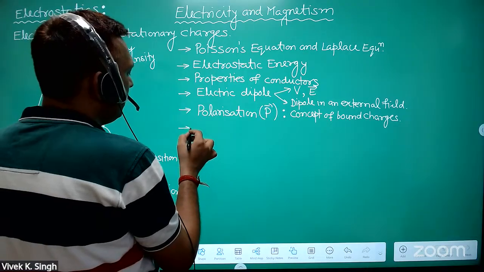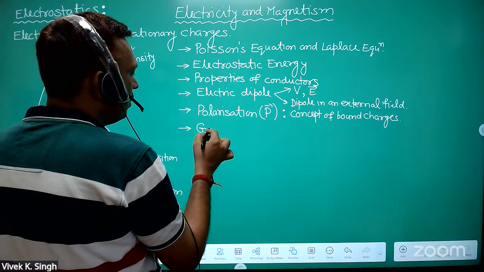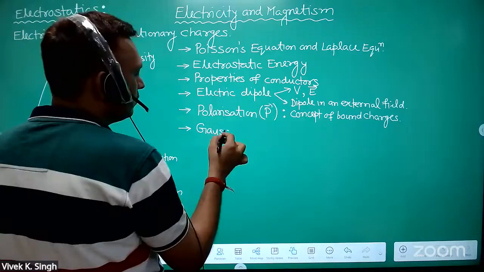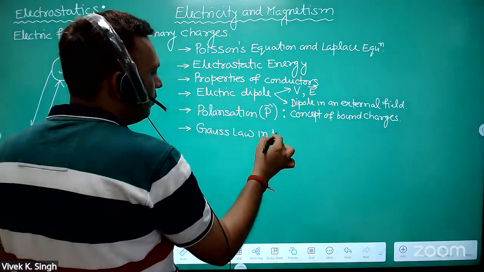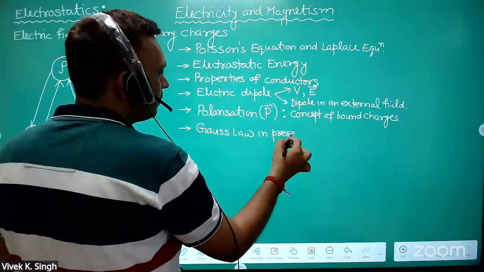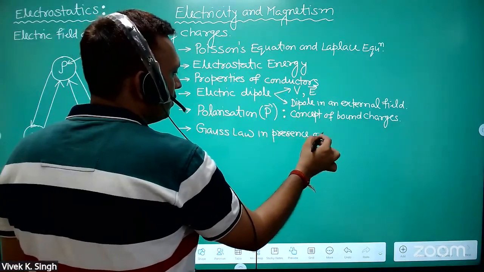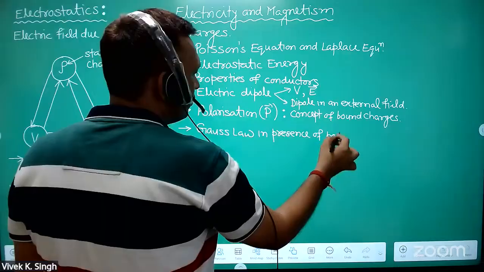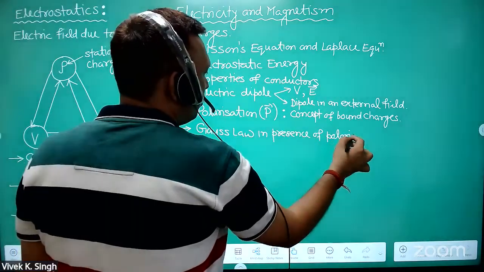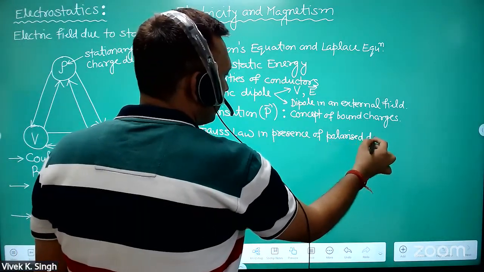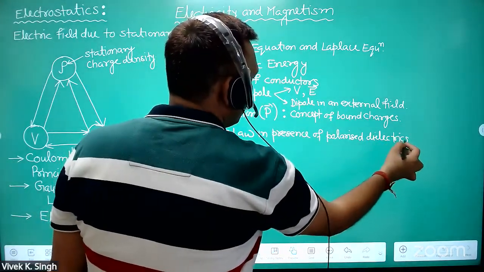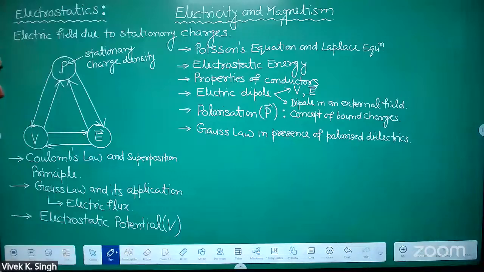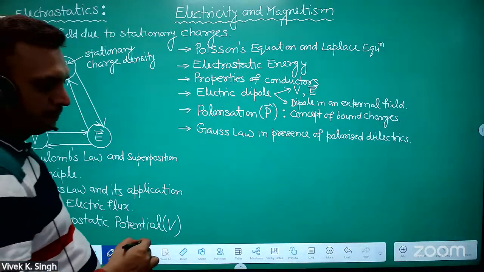Then we will see Gauss law in presence of polarized dielectrics.